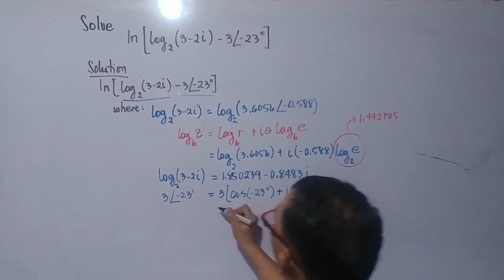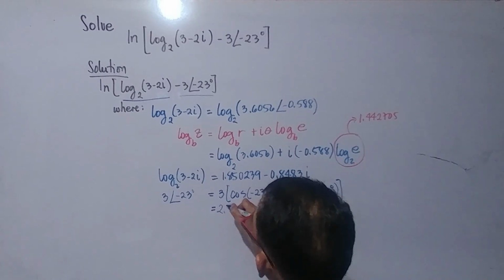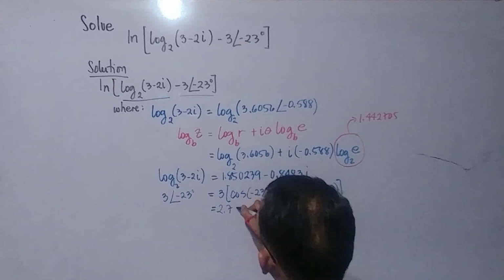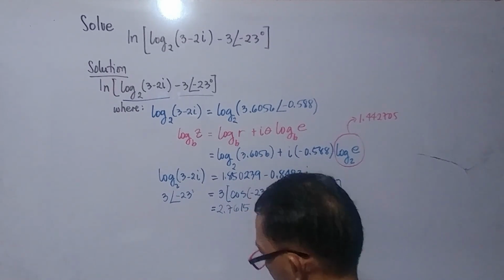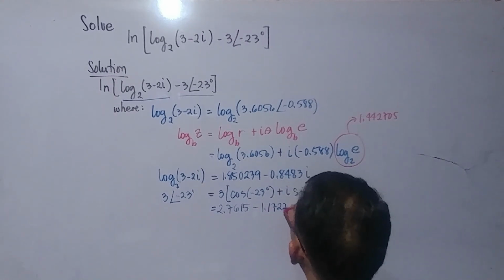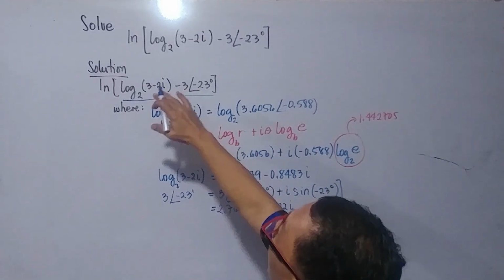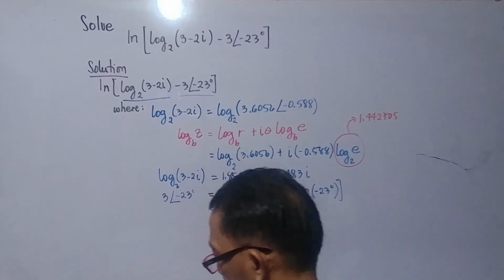So we have now 2.7615 minus 1.1722i. Then go back to the original problem.